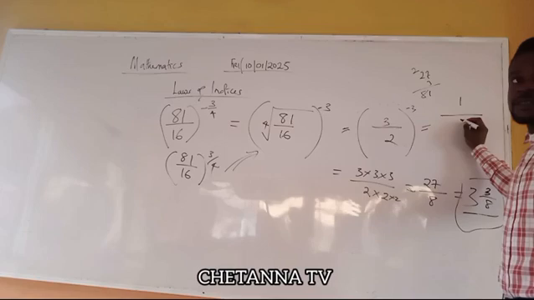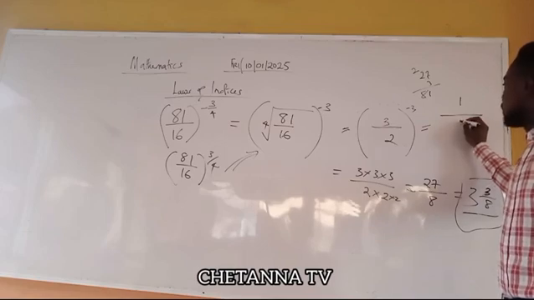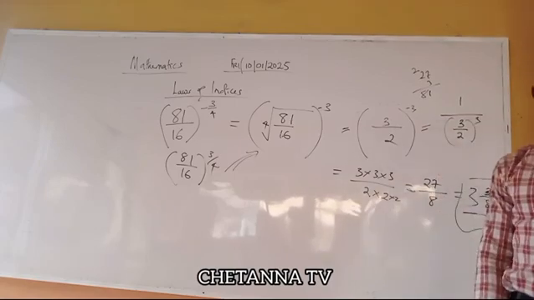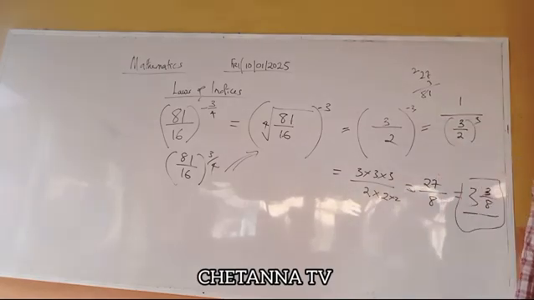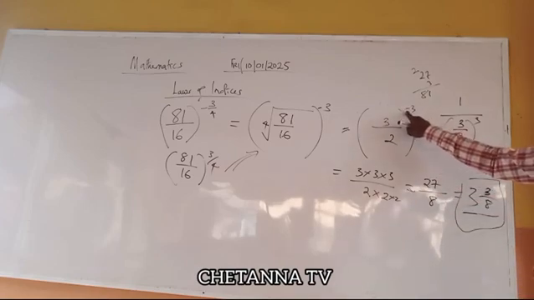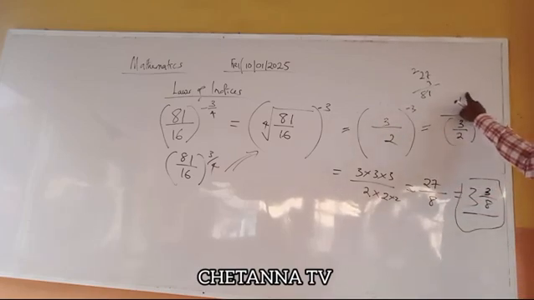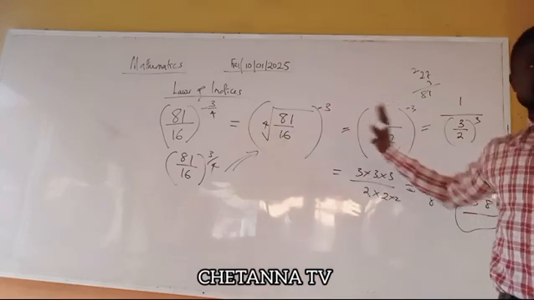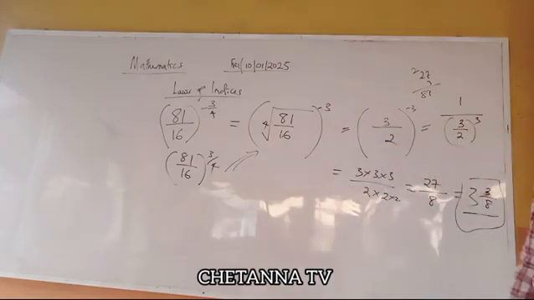One over what? 27. 3 over 2. One should be where? Up. What I put here will still give you the same thing.